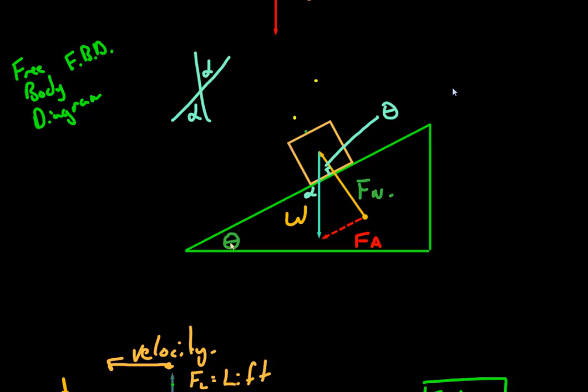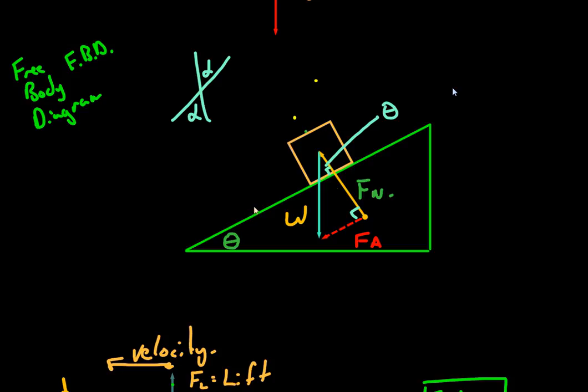Then this leftover angle must be theta. So on this triangle, theta and theta will be the same. Hopefully that works for you. And if that's theta, this will be alpha here as well. You can also call that opposite interior angles. I forget what the word for that is, but you have to think back to your geometry class. We can prove geometrically that this and this will be the same.